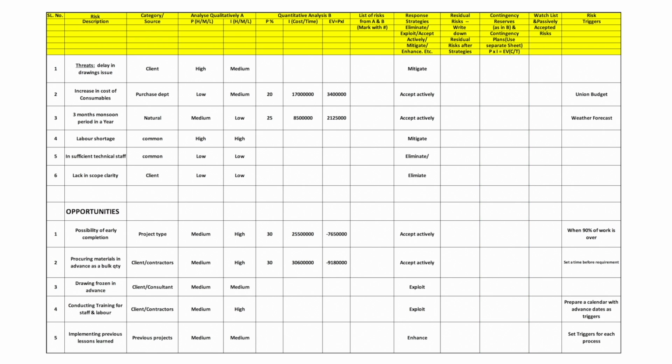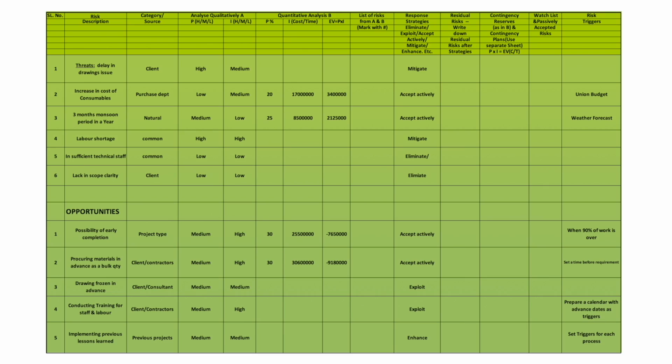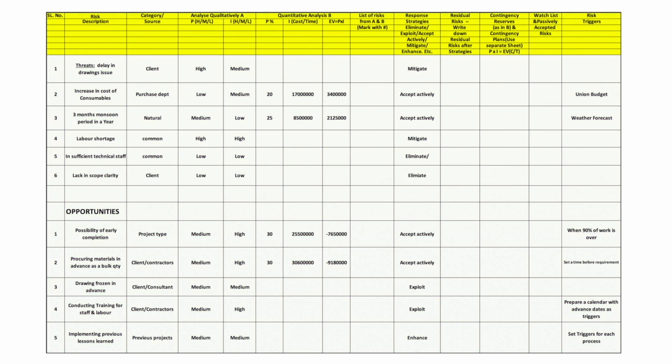And then we go into the watch list and passively accepted risks, which are risks which we may not act on now. Similarly, the watch list is just kept in watch to see if they are becoming critical. And last but not least, we have risk triggers, which are the early warning signs which are noted down for all the important risks. Now, this is broadly what we do with the risk register and it is used throughout the life of the project for updating and tracking all the risks.